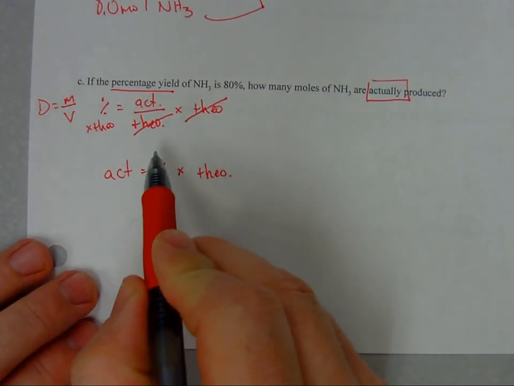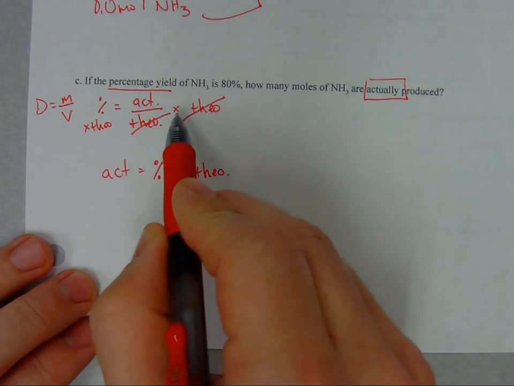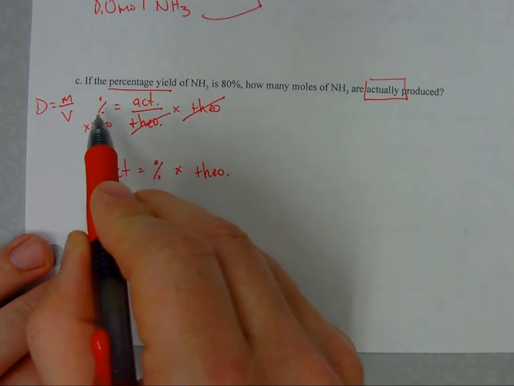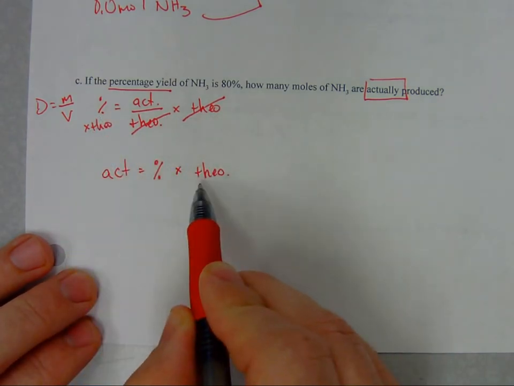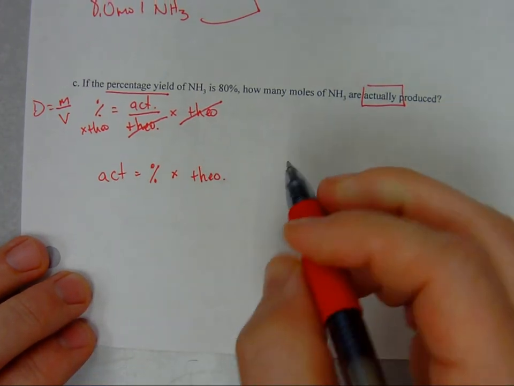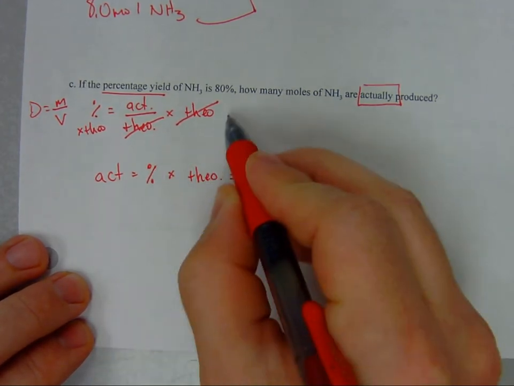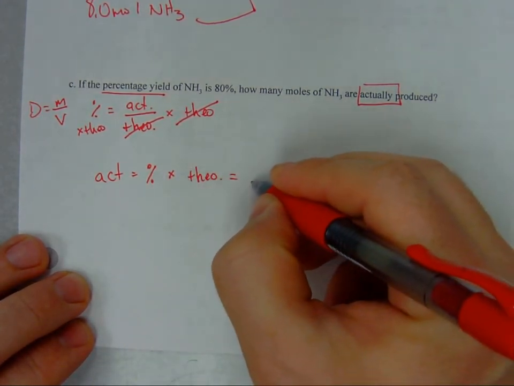What I really suggest you do is rearrange the equation with the terms in mind first, write out the equation that solves for what you need, and then continue the equation: this is equal to, and now start plugging in your numbers.